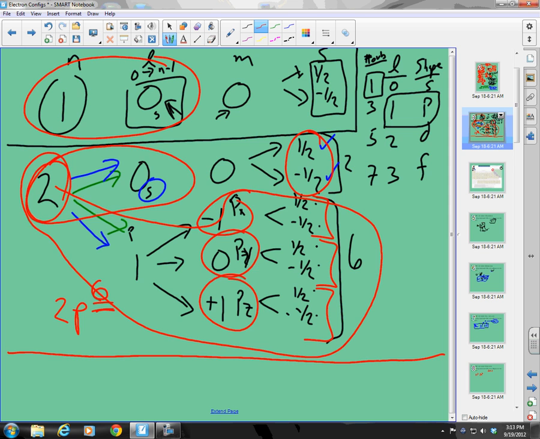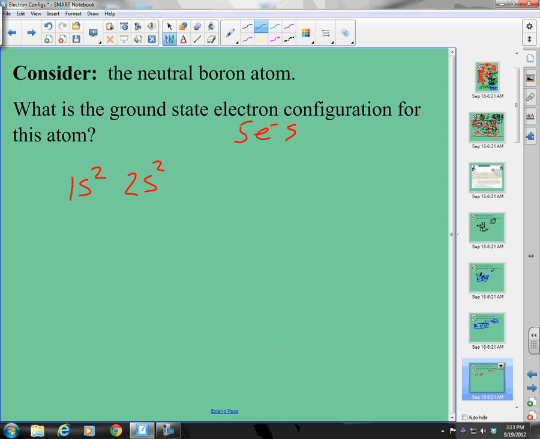Got it? So let's go back here. I have 1s2, 2s2, 2p1, so I have 2, 4, 5. That's right. So this is my electron configuration notation for boron.